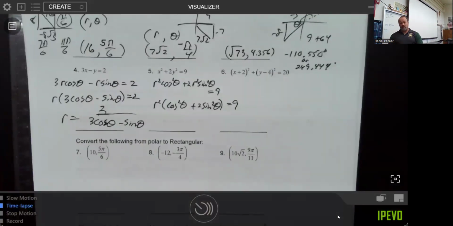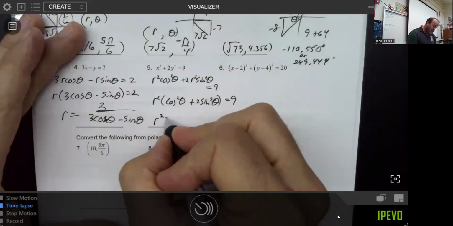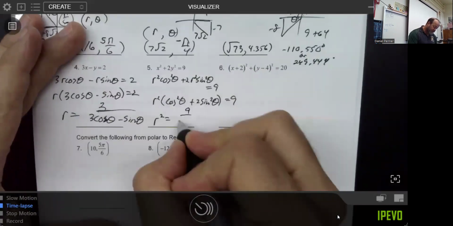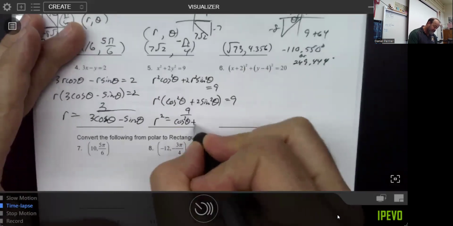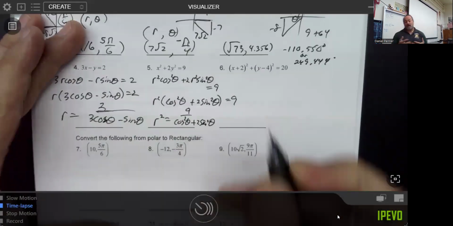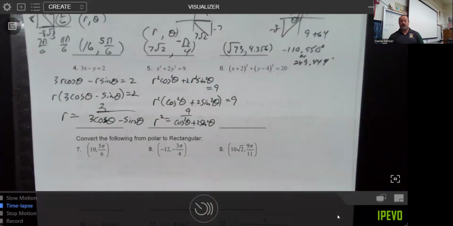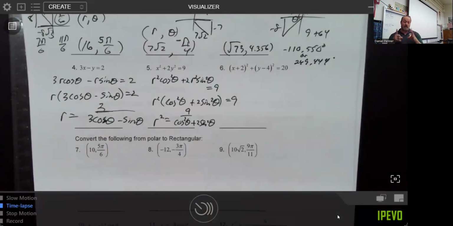But we don't want to do that because it's not cosine squared plus sine squared, it's cosine squared plus 2 sine squared. That 2 makes a difference. And so all I would have left is r squared is 9 over cosine squared plus 2 sine squared. And it turns out, a little foreshadowing, this is actually going to be the equation of an ellipse. So it's going to be sort of an elongated looking circle.